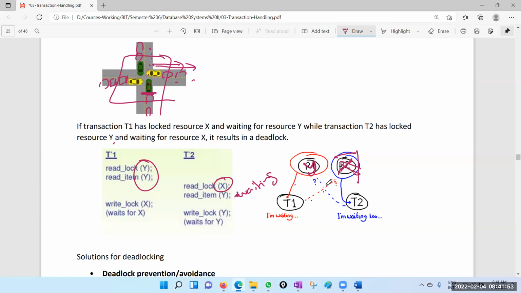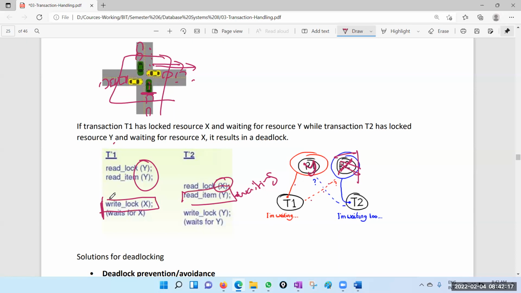Now you can see that these locks are never going to be released, because assume that you don't release your locks until your task is fully done. You are going to release the locks only when you are either committing or rolling back. But you can't commit or roll back because you have to do another step. So transaction 1 cannot do this one.